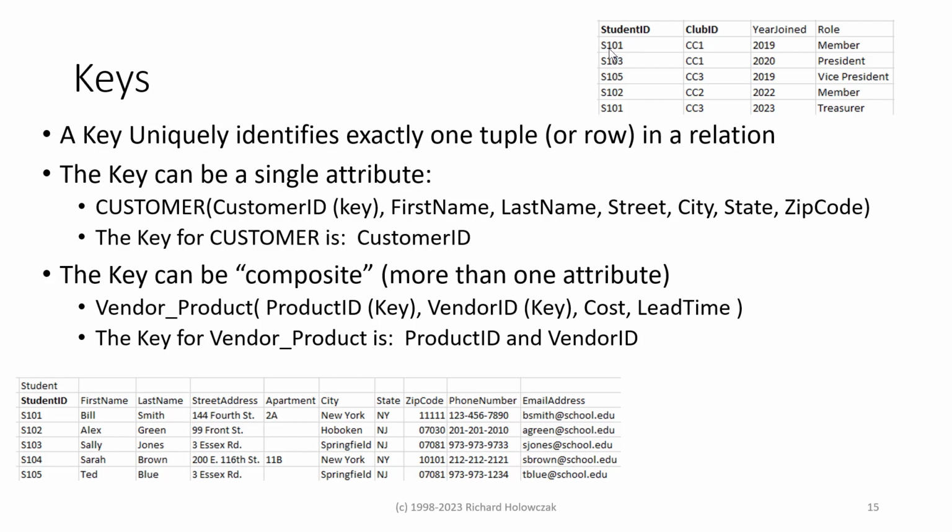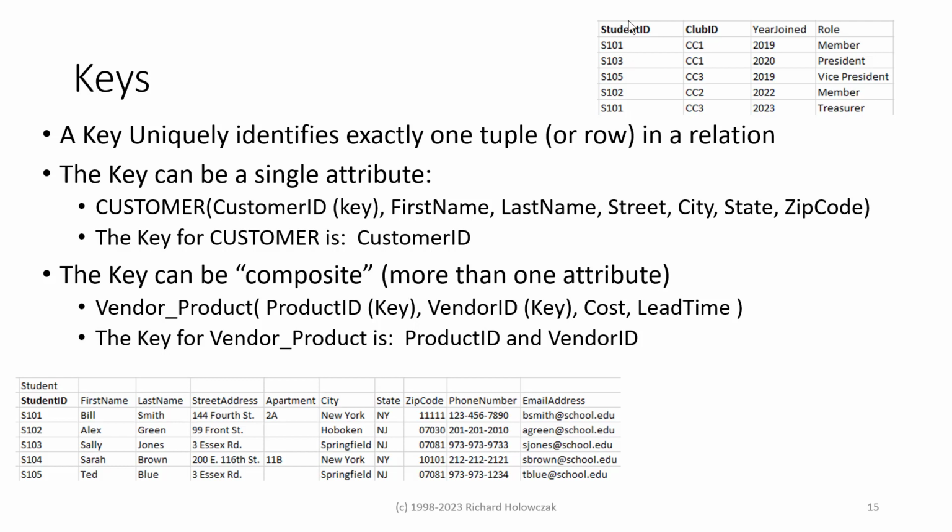We need to know the student ID and we need to know the club ID in order to tell what the year joined and role is. So student 101, I guess that's Bill Smith, happens to have joined whatever club CC1 is. I think that's the CIS club. They joined in 2019 as a member. That same student, S101 Bill Smith, they joined the basket weaving club in 2023 as the treasurer.